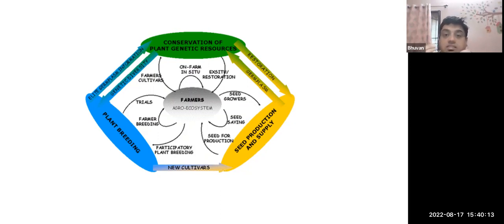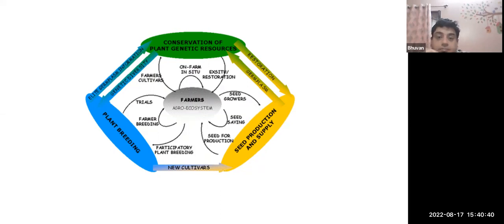We will learn about the ex-situ and the in-situ processes in the future slides. But here you can concentrate that in ex-situ conservation, the plant resources are conserved in the gene banks or the seed banks, which can be used by the farmers for the future.